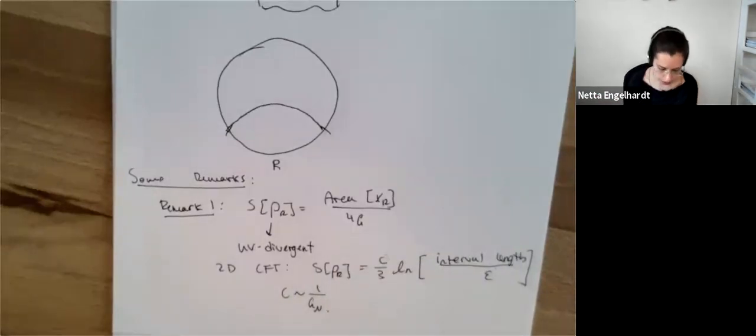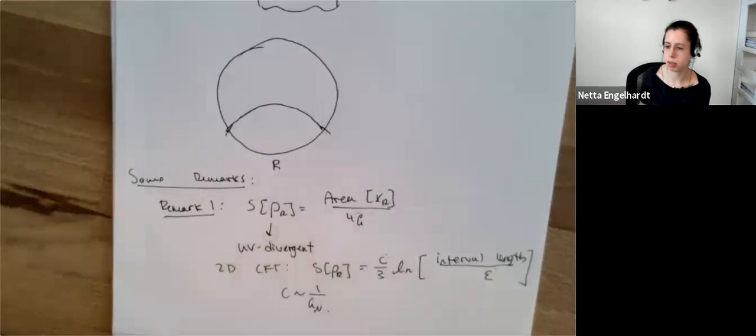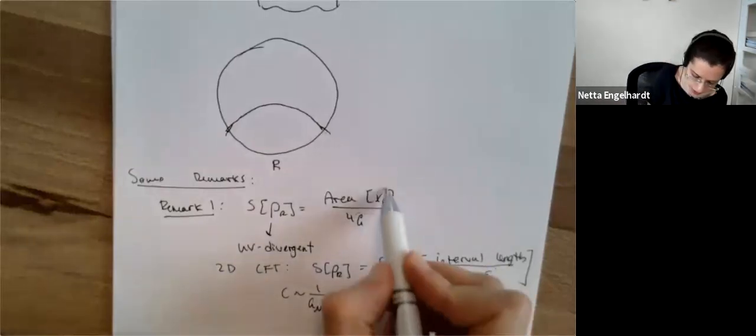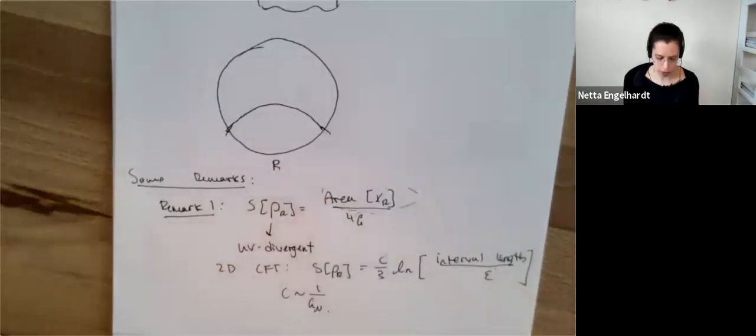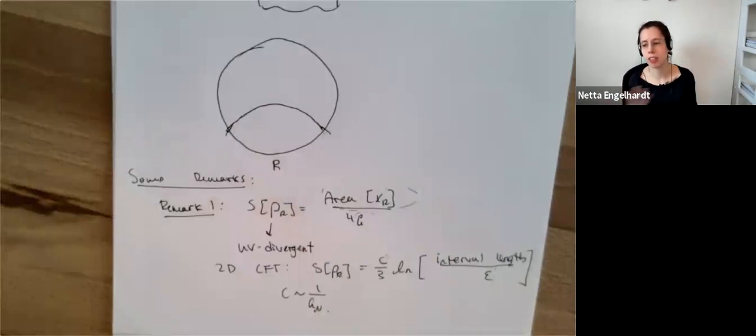Similarly, in the ħ goes to 0 limit, we have this thing going to 0. But the area is also formally infinite because it goes all the way to R going to infinity. So you could ask in what sense this formula even makes sense. It's just infinity equals infinity, and that's never going to be false unless the infinities are of a different cardinality. So what are you worrying about here?